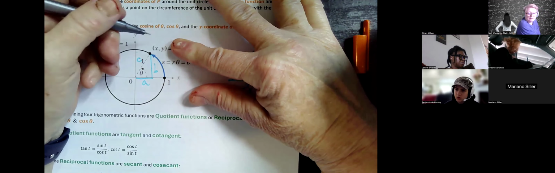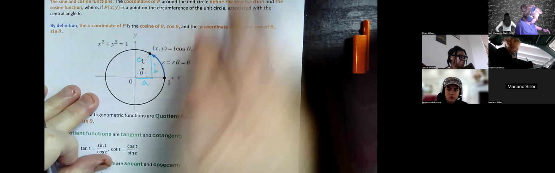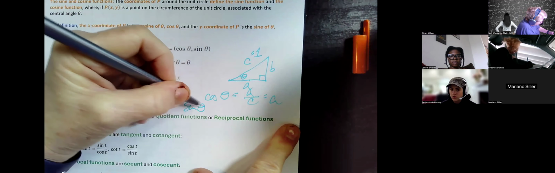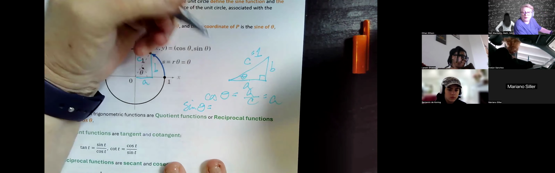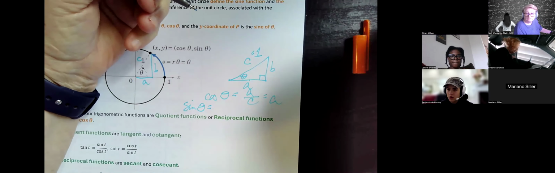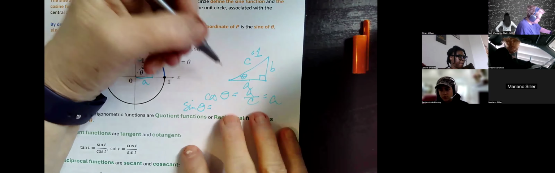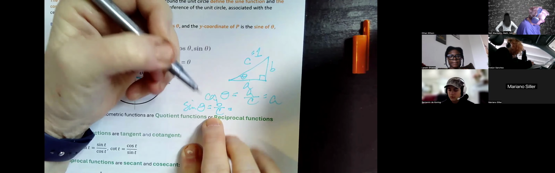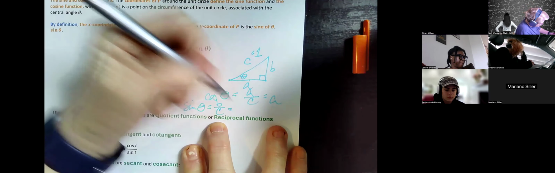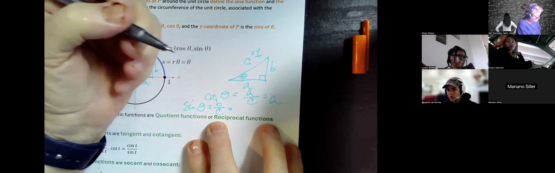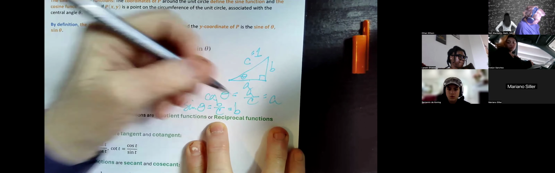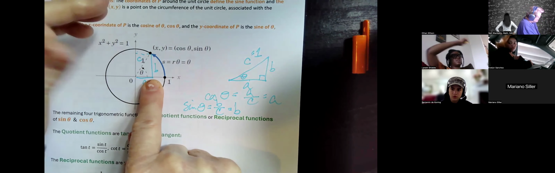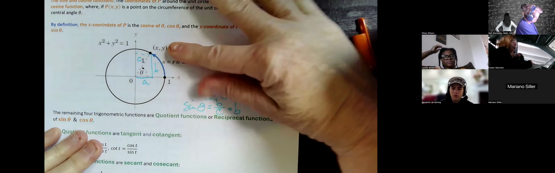X. Yeah. And let's see, the sine of theta is what over what? Opposite over hypotenuse. That's B over C. And if C is 1, what do we get? B. And here's B. Which measurement is that? X or Y?